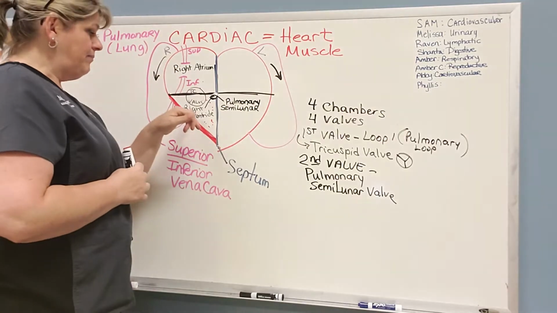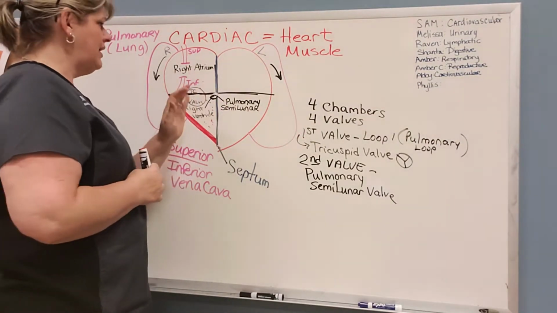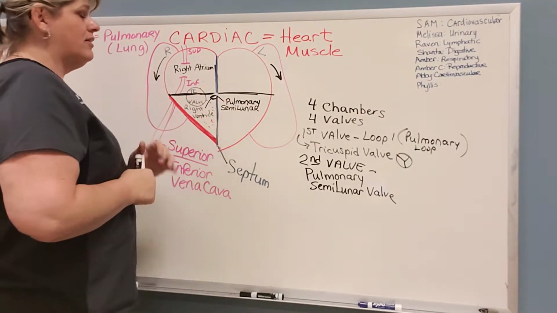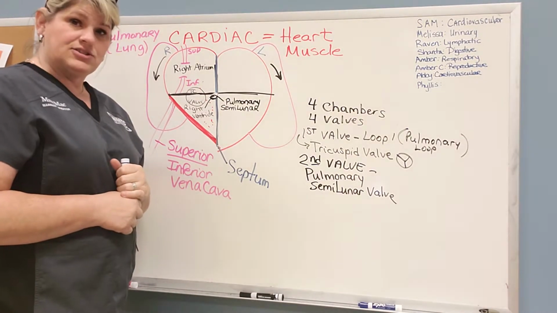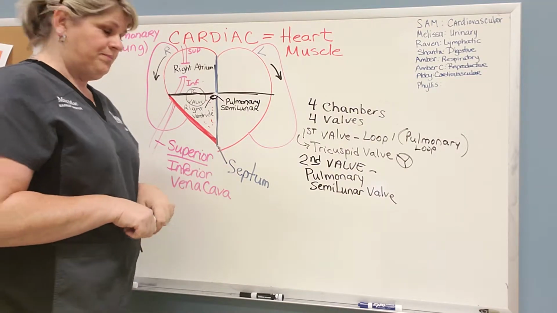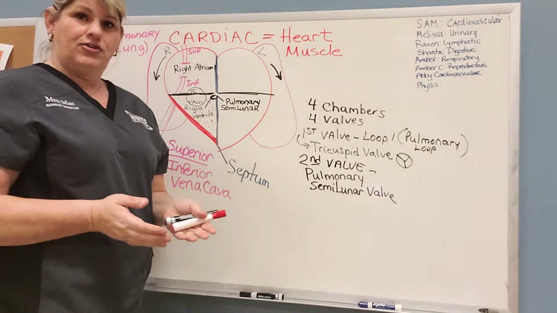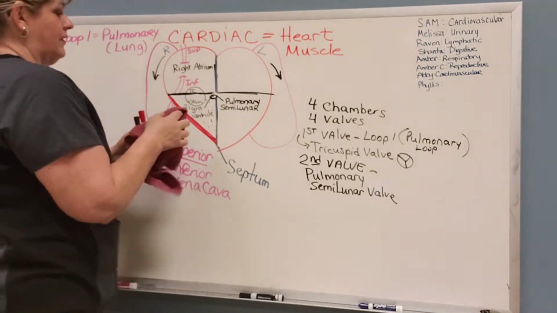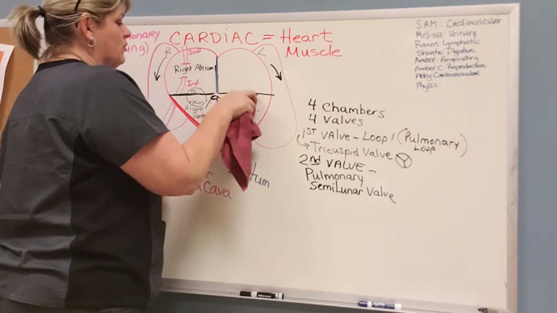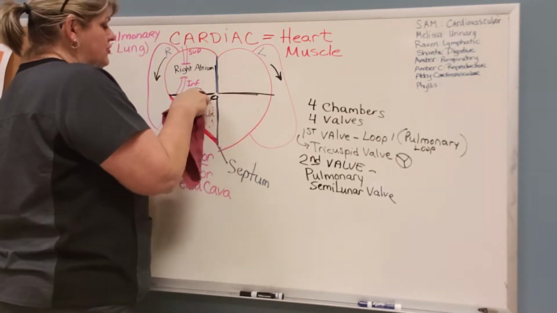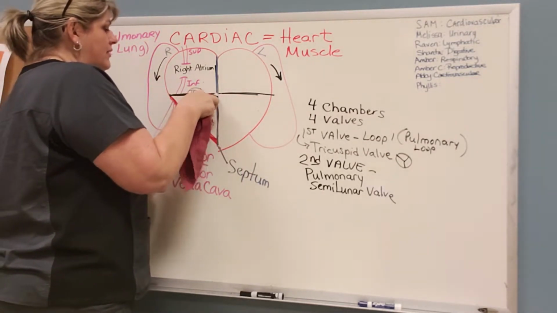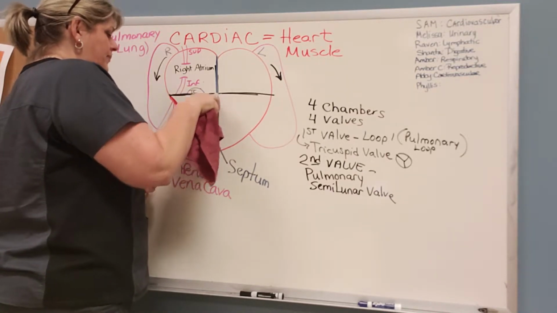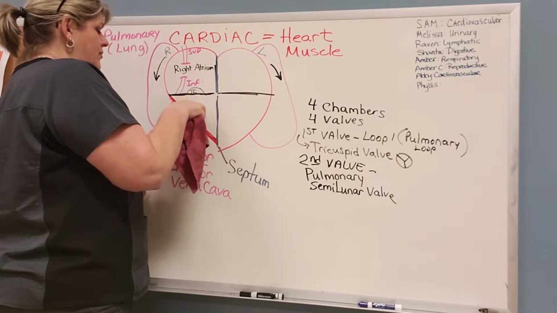While that's filling up, the right ventricle is shooting the blood through a muscle contraction into each lung where it gets reoxygenated. End of loop 1. If you get confused, go back and listen to this again. So again, 2 valves, 2 chambers of the heart, totally independent from each other.